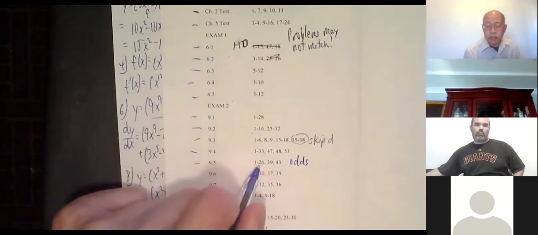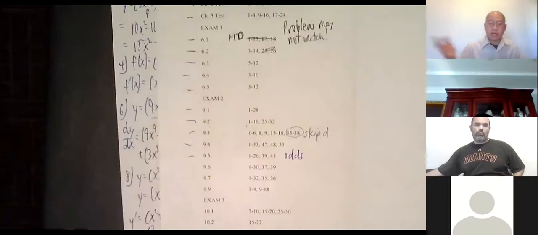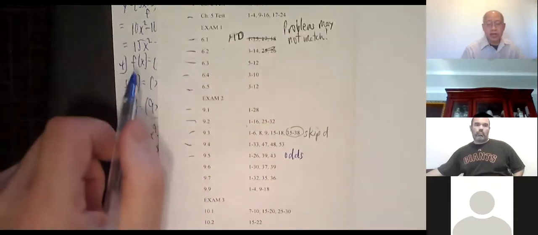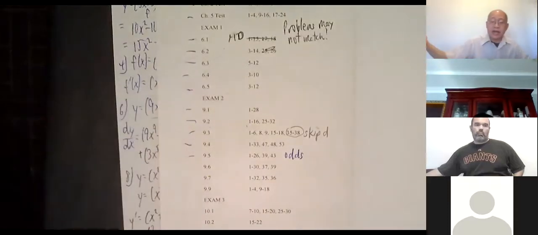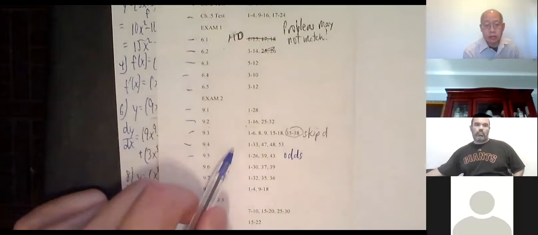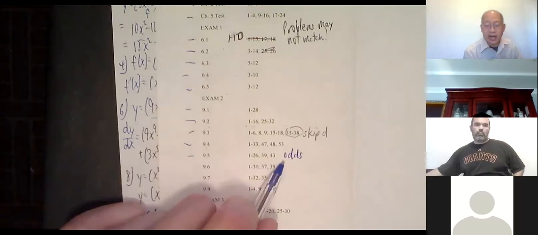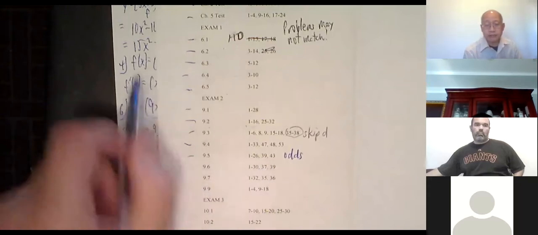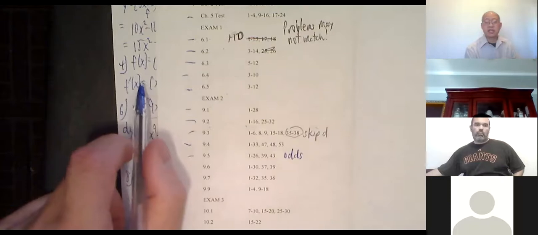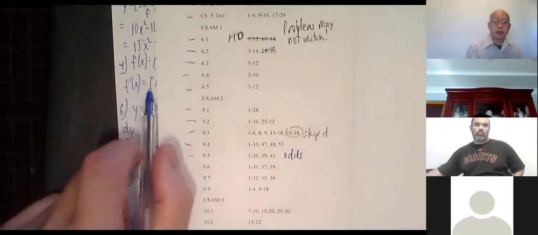So where it says 1 to 26, originally I meant all of them. I'm only going to show you odds. So the ones I was going to do were evens, and you didn't have the answers anyway. So if I show you my stuff and it doesn't match what you have in the book, it's like not having the back of the book anyway. Right? The main thing is you're learning the material. So once again, 9.5, let's change it to 1 to 26 odd, and 39 and 43. This is to make up for the evens, which was in the previous edition, I guess, and they don't seem to match.